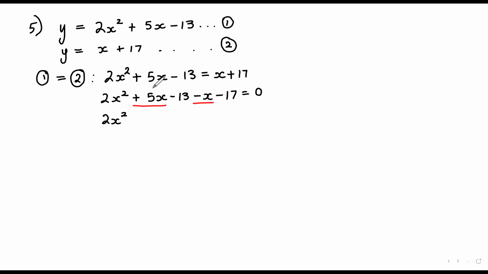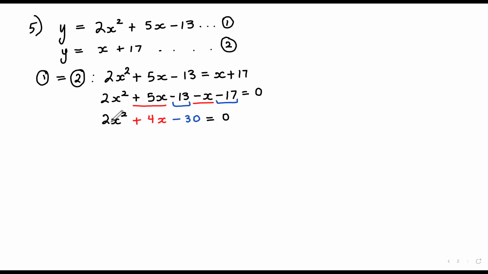So it's plus 5 take away 1, which will give you 4x. And then you have minus 13 minus 17, which would be minus 30. And all of that is equal to 0.